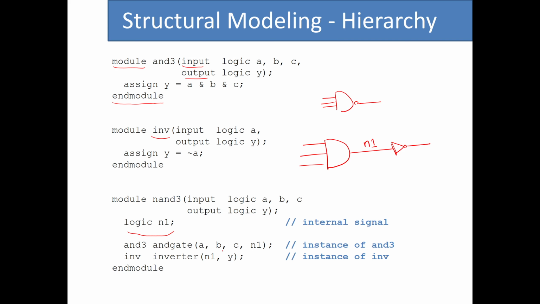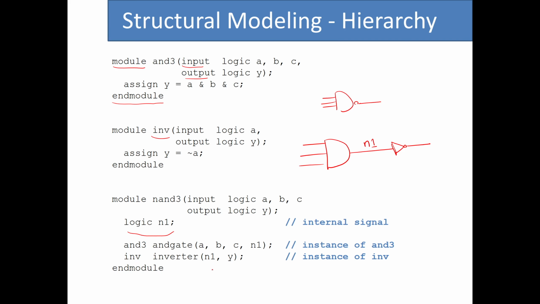So we have A, B, C, but the output is called N1, right? So that means the same thing can be applied to A, B, C too, right? So you can have whatever name for these variables and it still would function. And then we have the inverter function with input N1 and the output being Y.